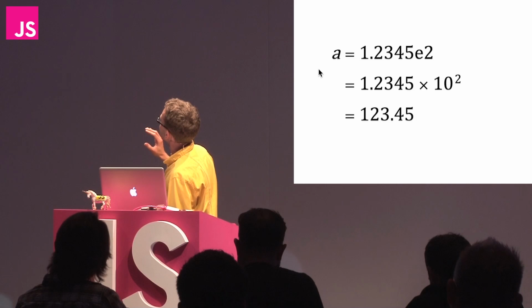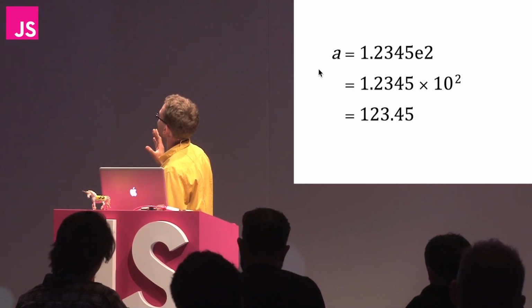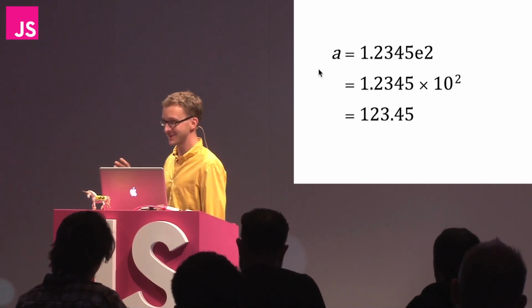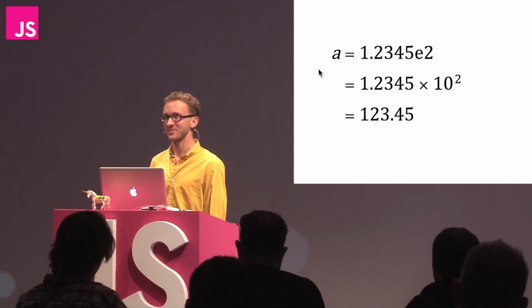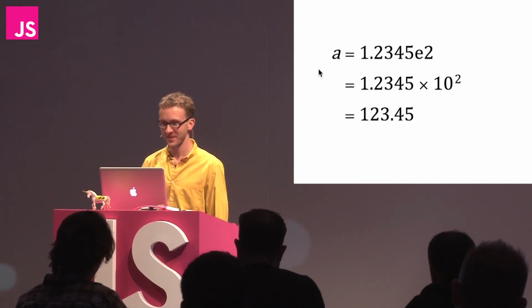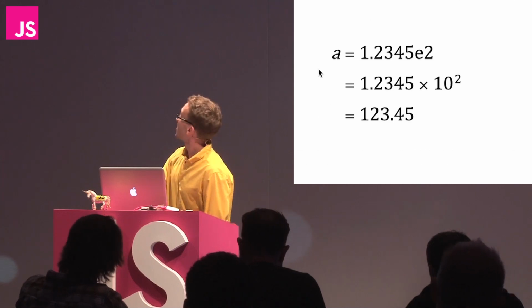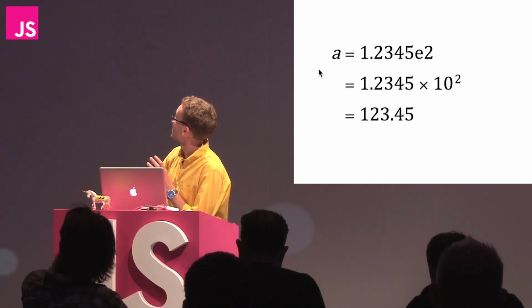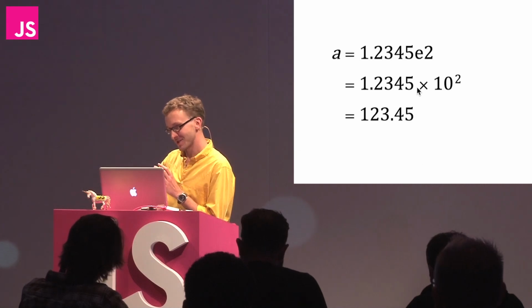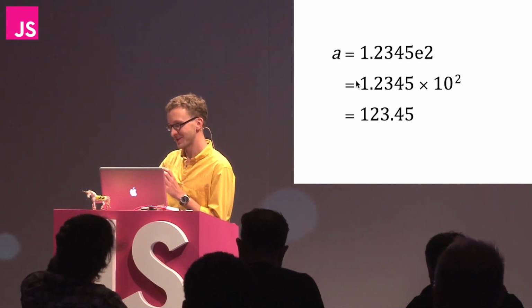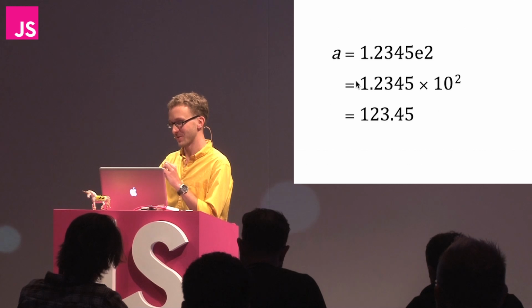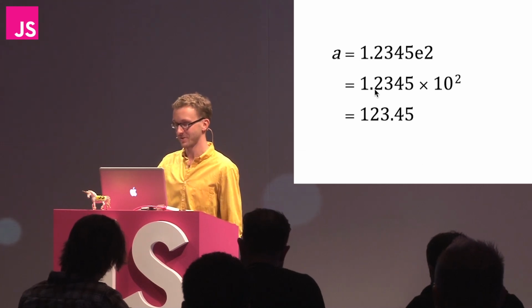I hope that you've, at least at some point in your life, seen a number written like this. It's so-called exponential or scientific notation. In this notation, we also have a number divided into 2 parts. There is this part, which represents the significant digits of our number, so all the digits we want to have in our number.